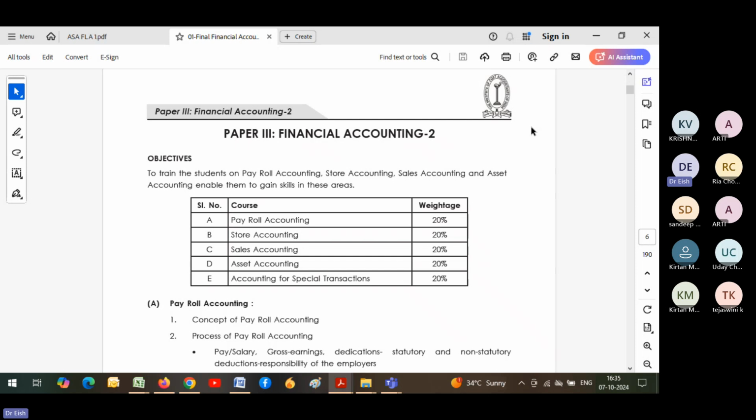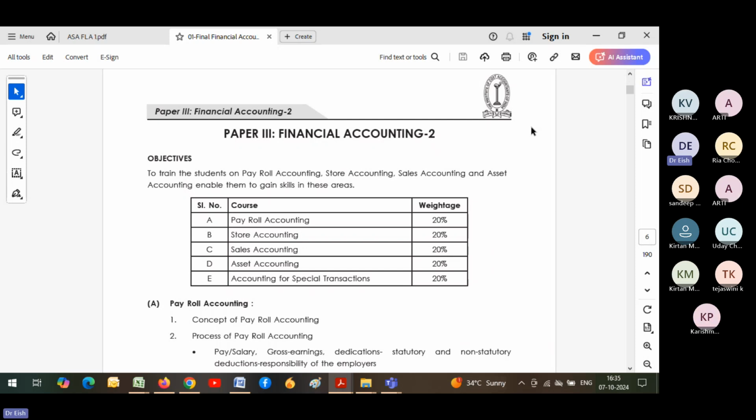And after 6 months, you will have the CAT 2 exam, level 2 exam, in which you can give 10 exams online, where you have to clear 6 of them. 6 out of 10 is the minimum eligibility. If you want to clear 7, 8 or 9, that is up to you. But 6 is the minimum eligibility.